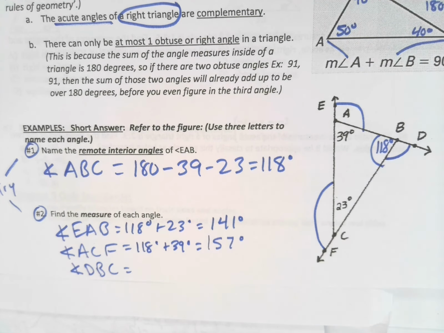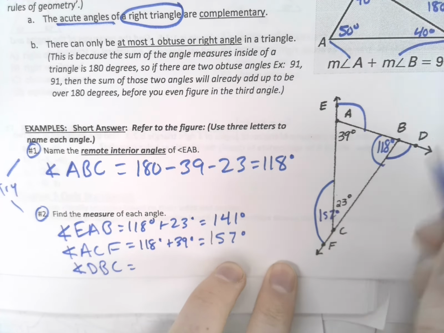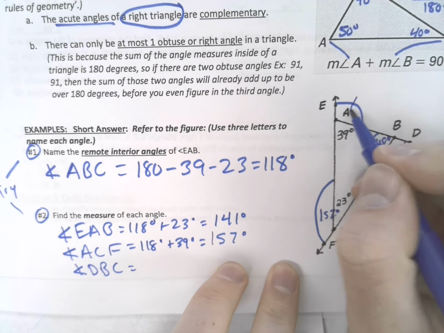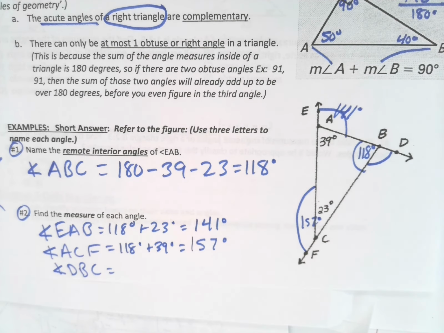How about last one? Let's go DBC. This is going to be this angle right here. So we got 157. We got 141. All these are obtuse angles. Last one. CBD or DBC. Come on now.